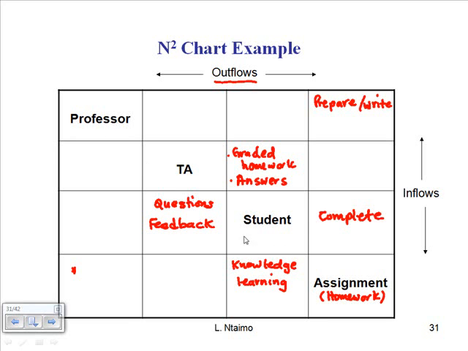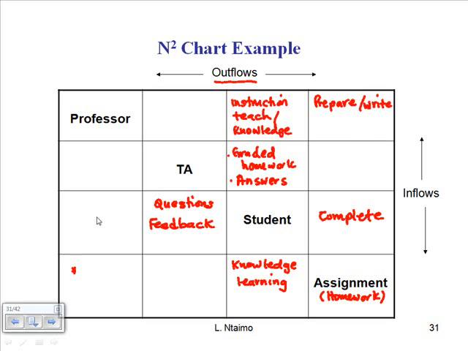professor? Professor, student. The professor can give instruction to the student. Or you can say provide teaching, or they can provide knowledge. And what does the student give back to the professor?